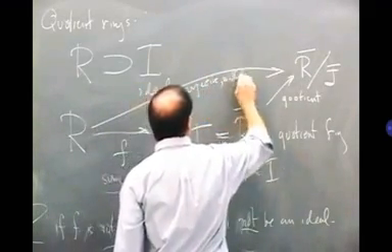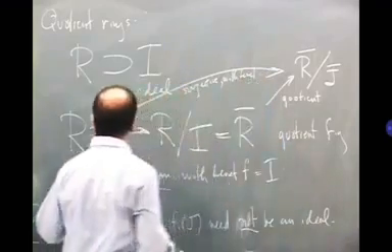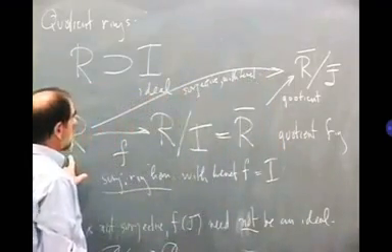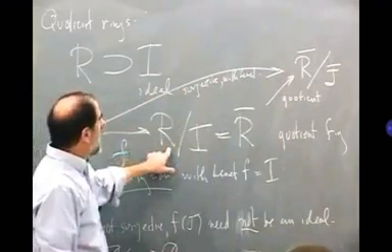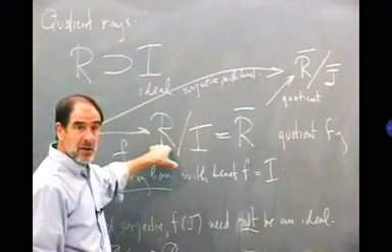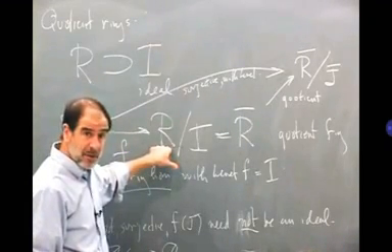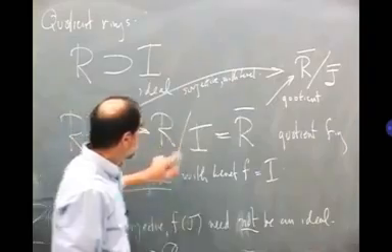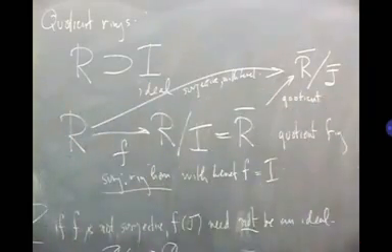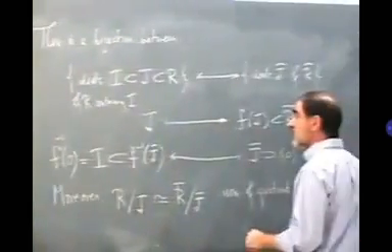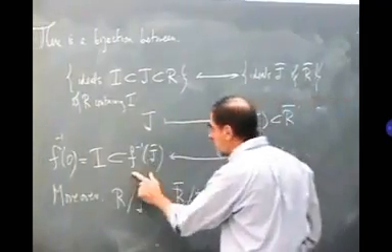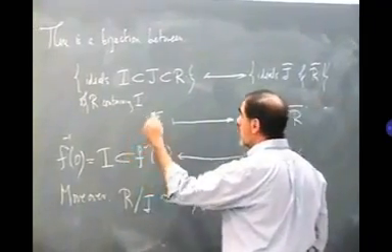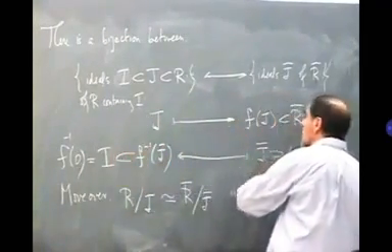With kernel, well, its kernel are the elements in R such that when you map them to R mod I, they land in J bar. Correct? So that's exactly the things which are in f inverse of J bar, the things in R that map to J bar.